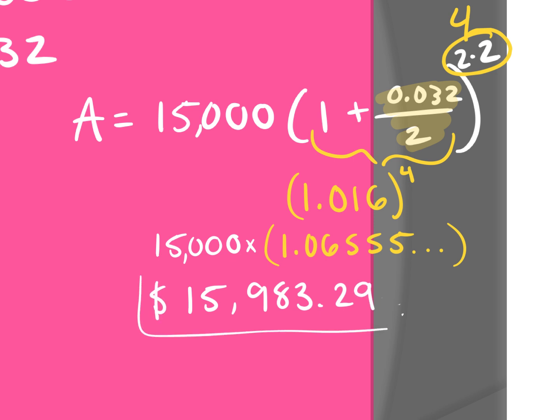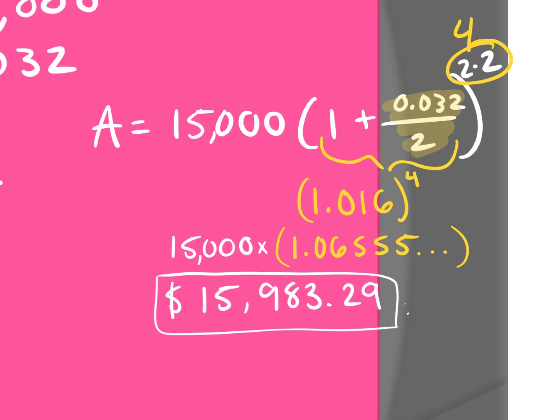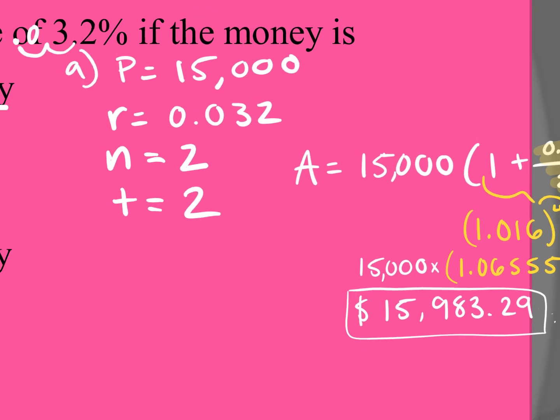So when you're talking about money, it wants 2 decimal places. I don't think WebAssign tells you with these types of questions what to round it to. It just assumes that you know when you're talking about money, it wants 2 decimal places. So always round 2 decimal places with money. Any questions here?